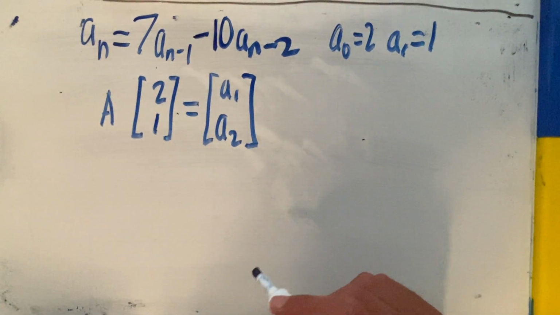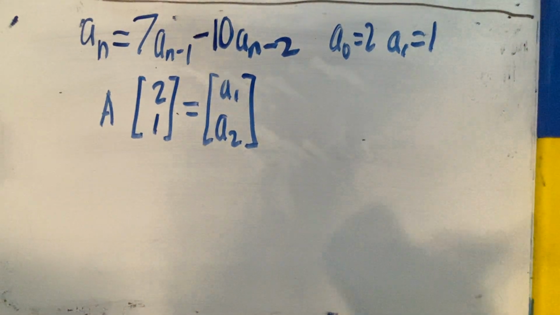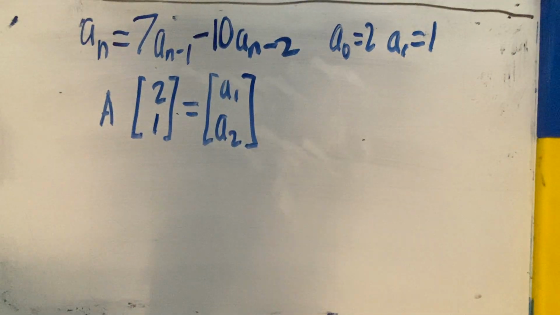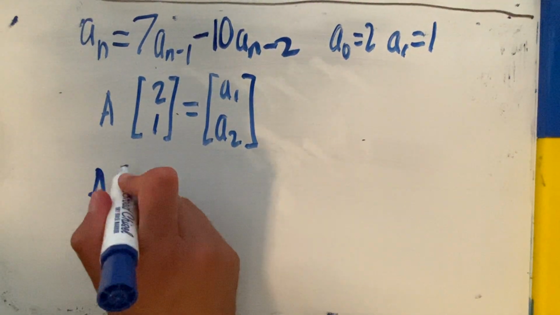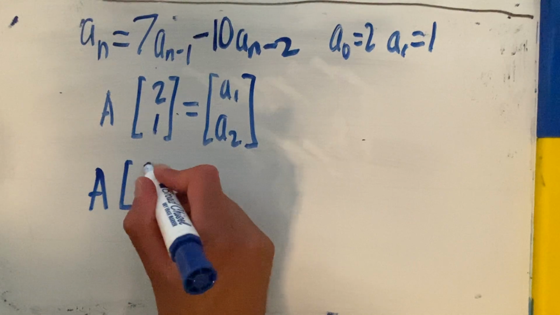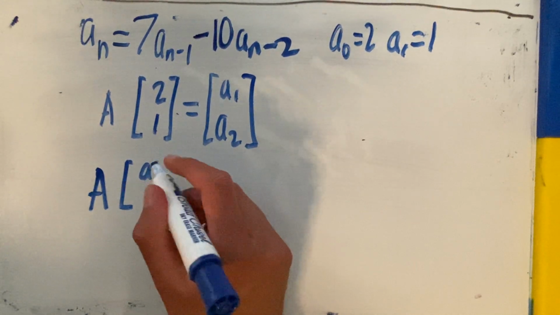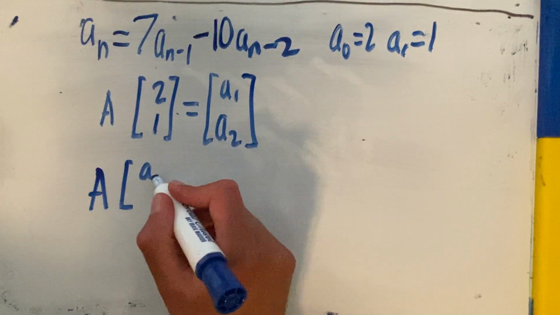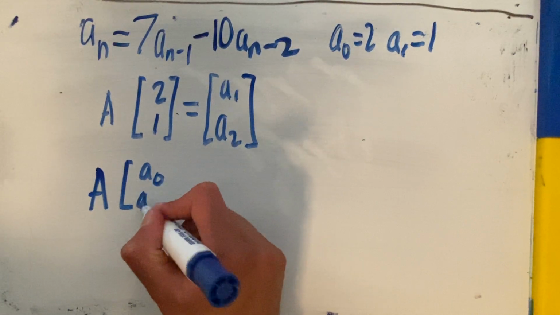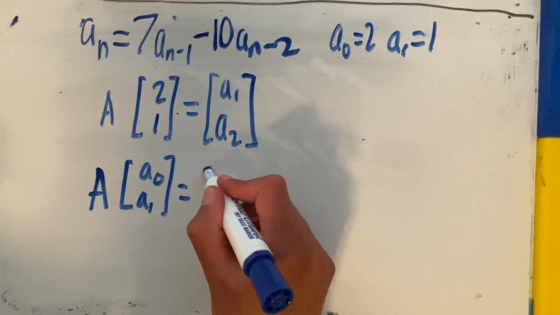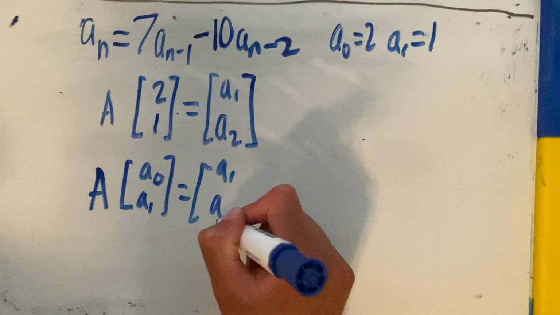So actually, let's make it more general, where we want A times a sub 0, a sub 1 equals a sub 1, a sub 2.